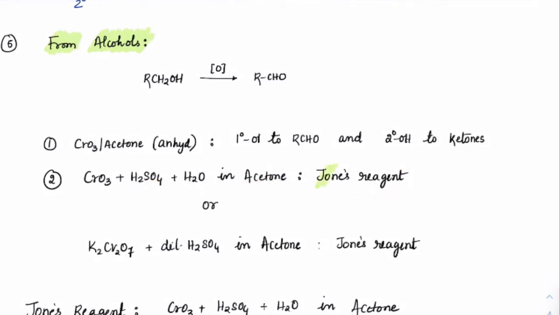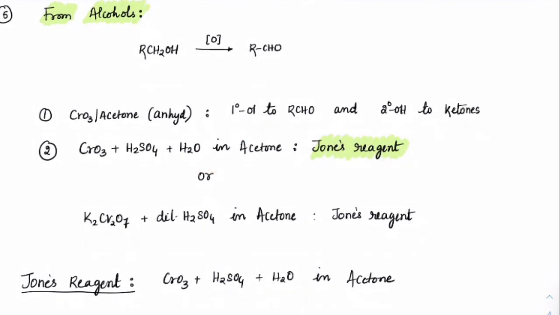Jones reagent is with H2SO4 and water, or sometimes it is given as dilute H2SO4, which also means H2SO4 in water. So we need acetone, H2SO4 and water. The other way of writing Jones reagent is K2Cr2O7 in dilute H2SO4 in acetone, because K2Cr2O7 in dilute H2SO4 again converts to CrO3.